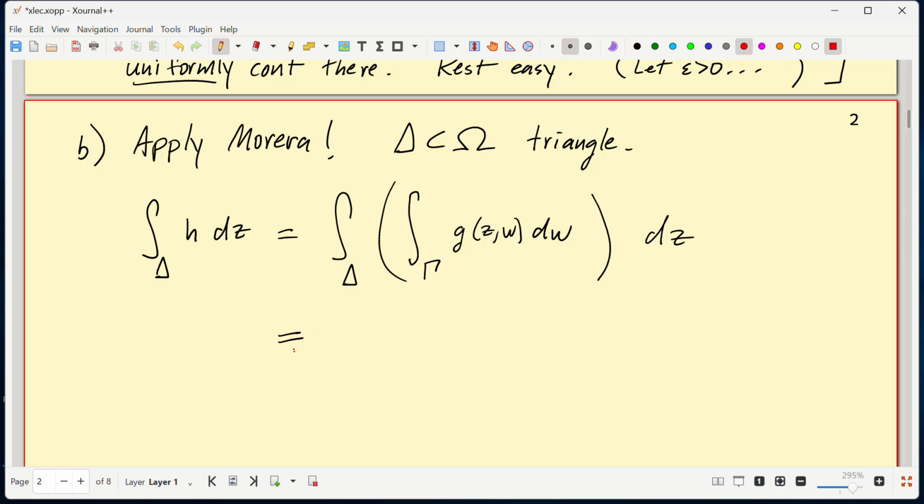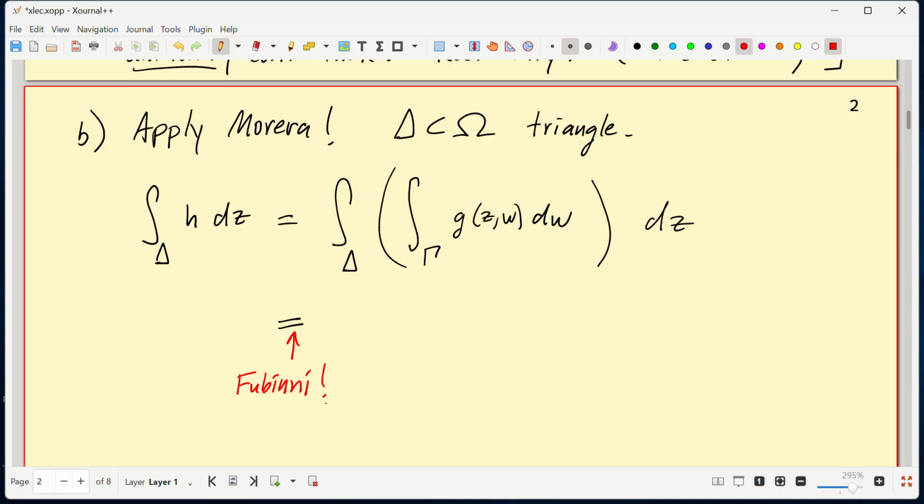So you apply that Fubini theorem. And you change the order of integration, and you do an integral first with respect to gamma, and then an integral around the triangle of g z w. Let's see, this would be dz, and then the dw would go outside. And we know for a fixed w, the g has a removable singularity.